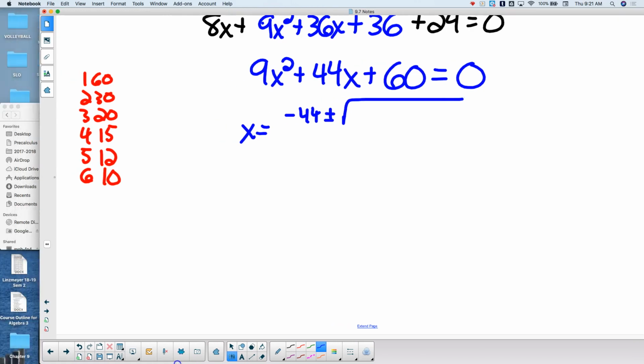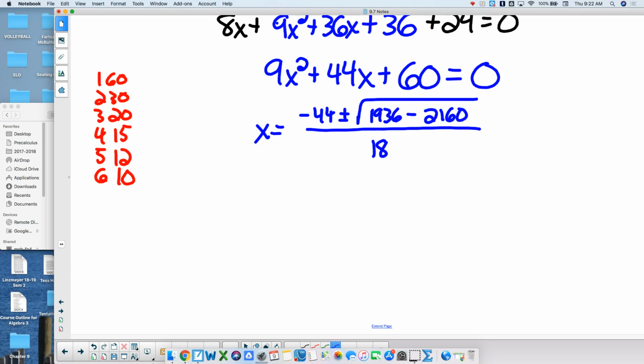What's 44 squared? 1936, minus 9 times 60 times 4, which is 2160, all over 2 times a, which is 18.